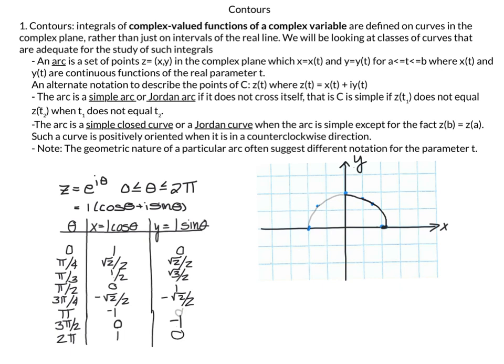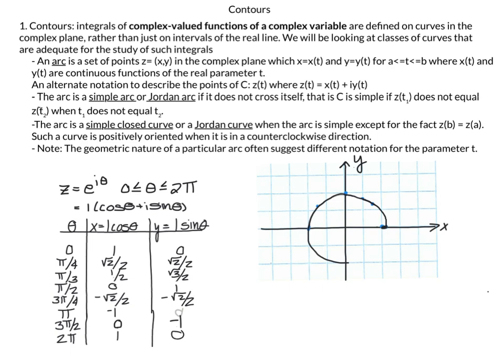Coming down over here, as theta progresses to 3 pi over 2 radians, we get x equals 0 and y equals -1. And then finally, as theta comes around to 2 pi, we come back to x equals 1 and y equals 0.